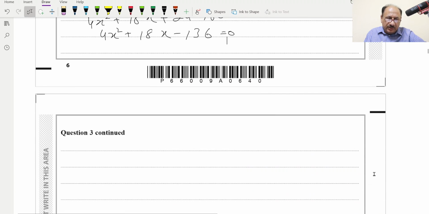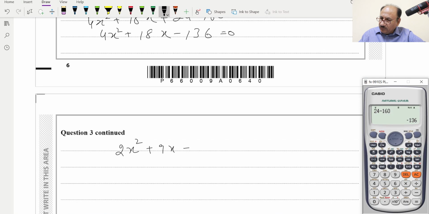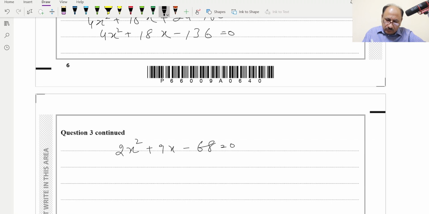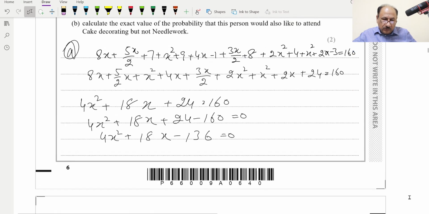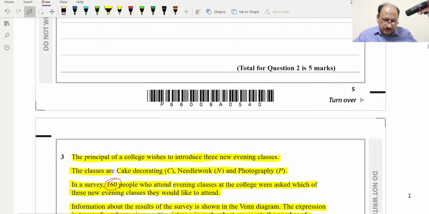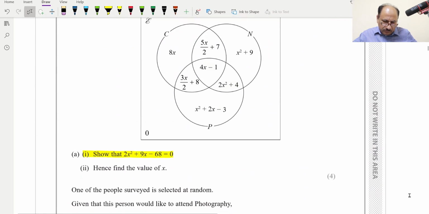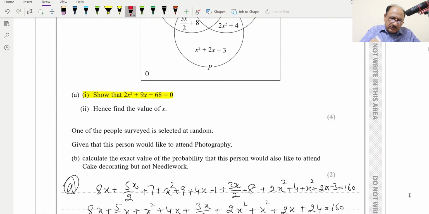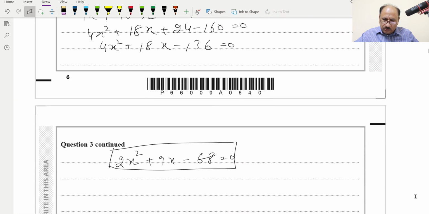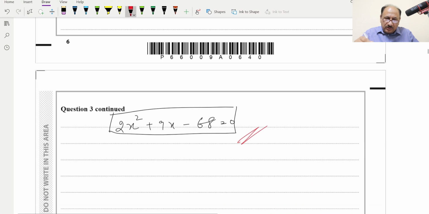We can divide by 2, so it will be 2x squared plus 9x minus 68 is equal to 0, which is the same equation that was required. It's the same equation, so we are done with this part.